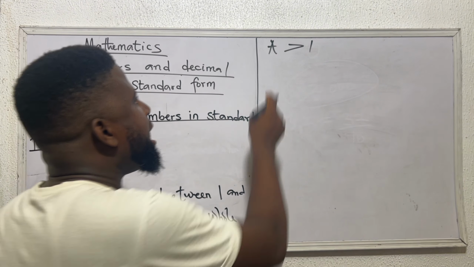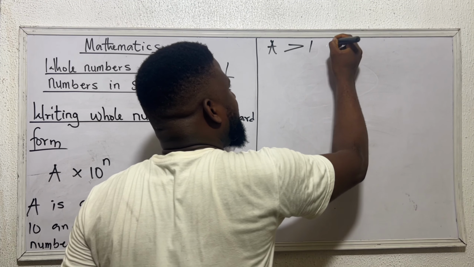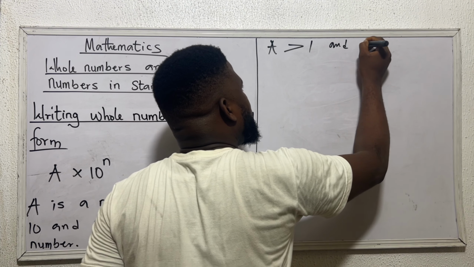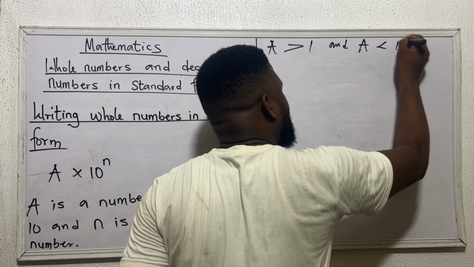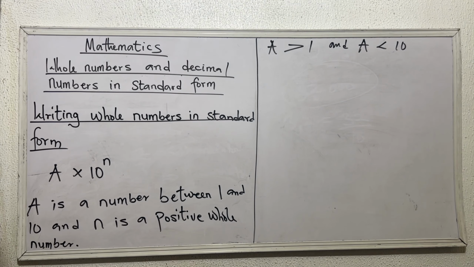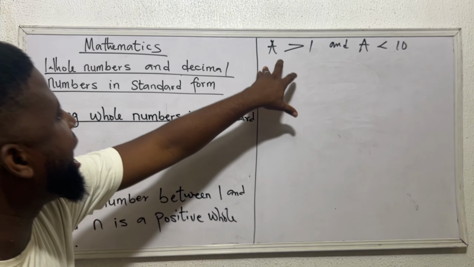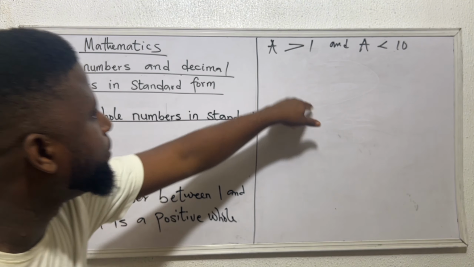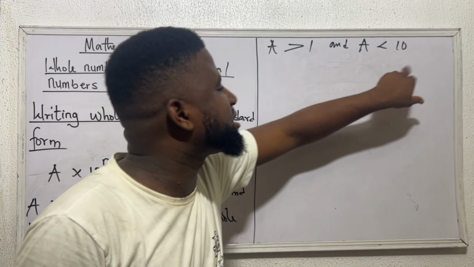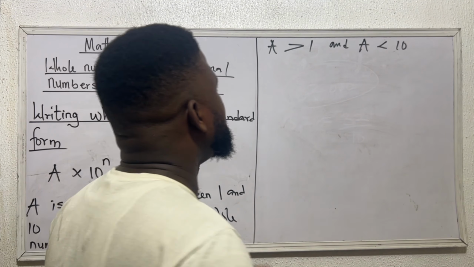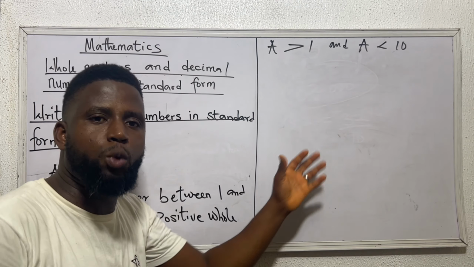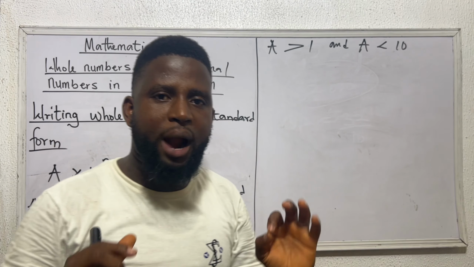So it means that a must be greater than 1 and a must be less than 10. That's what it means. So the value for a is between 1 and 10, right?